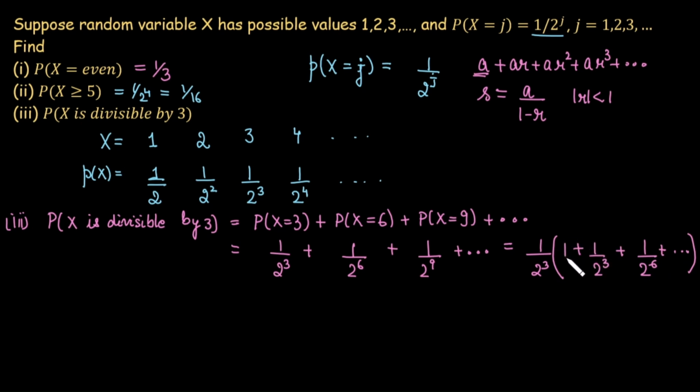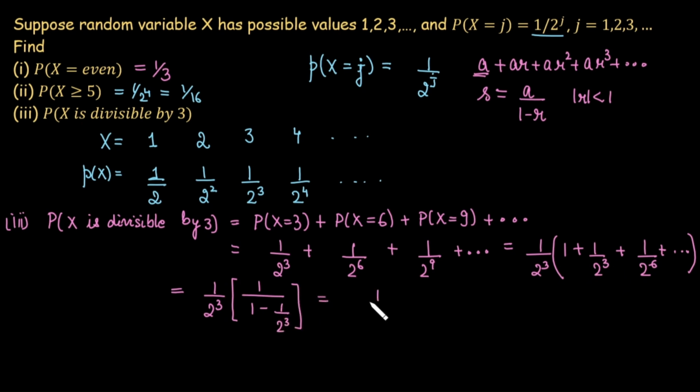The value of A is 1 and the ratio is the second term divided by the first term, that is 1 upon 2 cube. So this can be written as 1 upon 2 cube into A, the value of A is 1, divided by 1 minus R. R कितना है? 1 upon 2 cube.